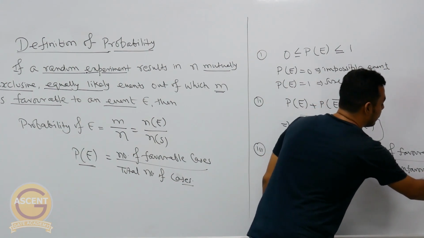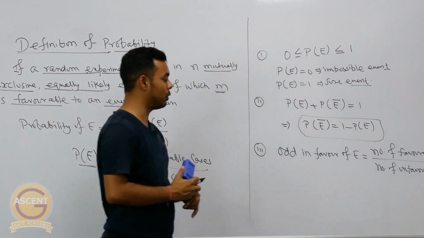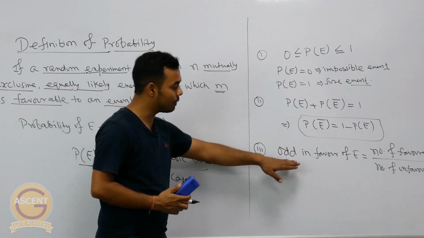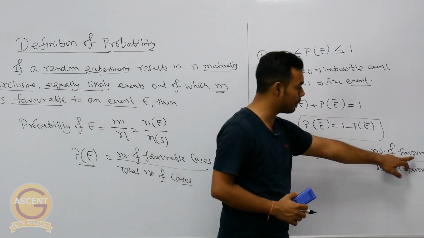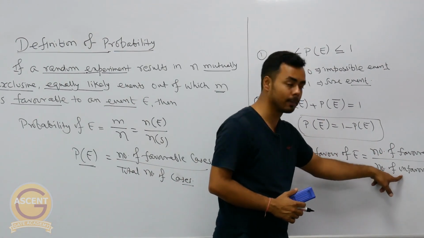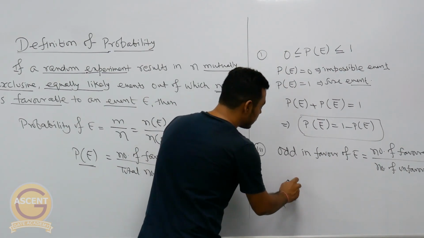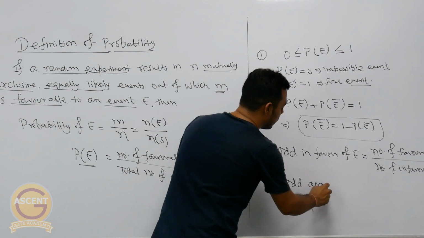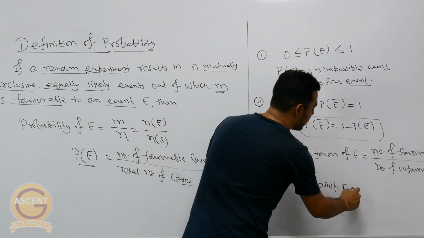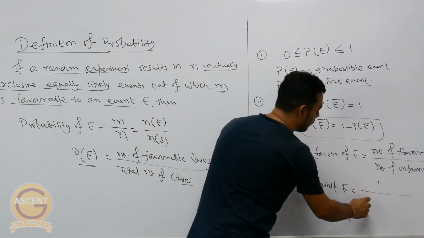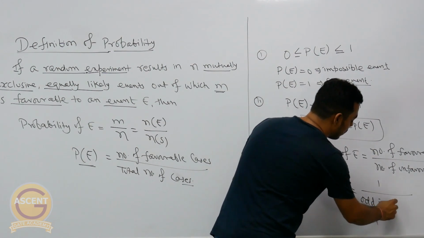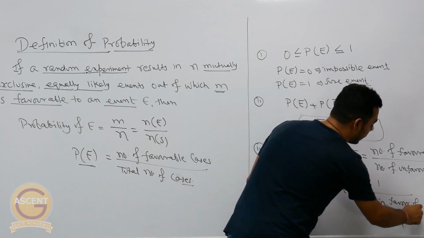The definition of probability was the number of favorable cases by the total number of cases. Odds in favor of event E will be simply the number of favorable cases divided by the number of unfavorable cases. And similarly, odds against E will be simply 1 by odds in favor of E.